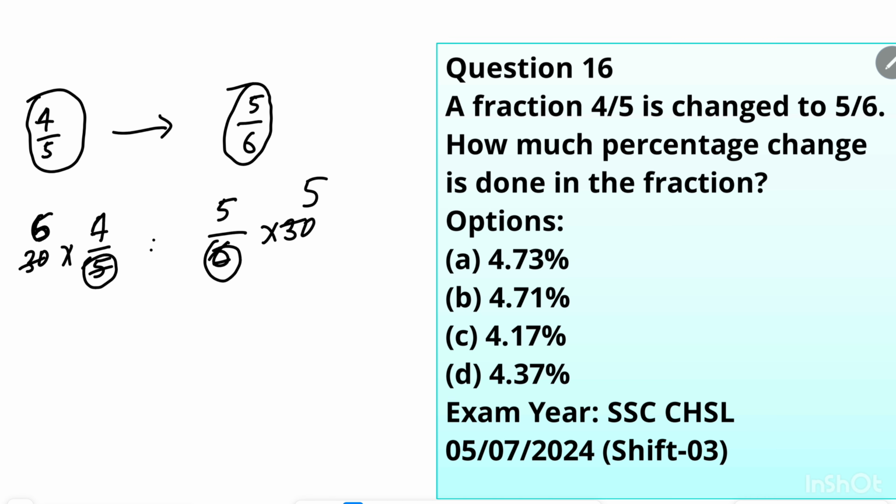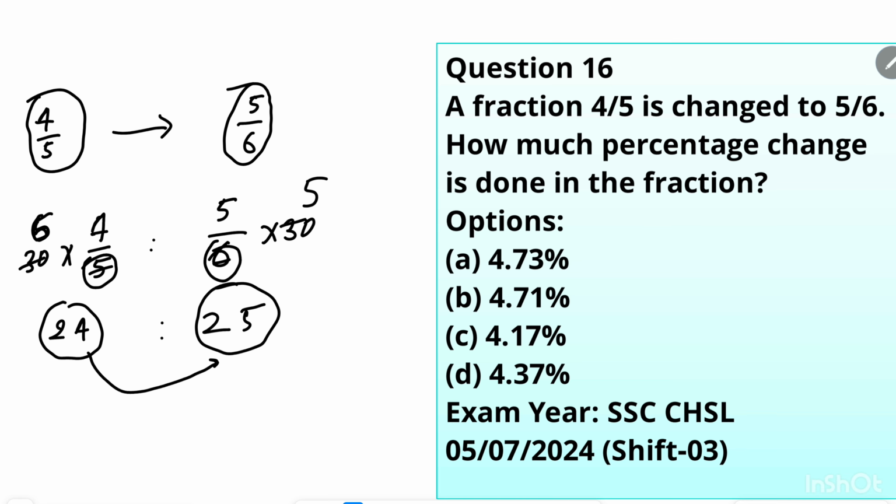So now what is the number? 24 here and 25. This number increased by how much? By 1. It increased by 1 upon what? Upon this number, right? This number will be written in the base, 24, and this number was 24, now it became 25. It increased by what percent?